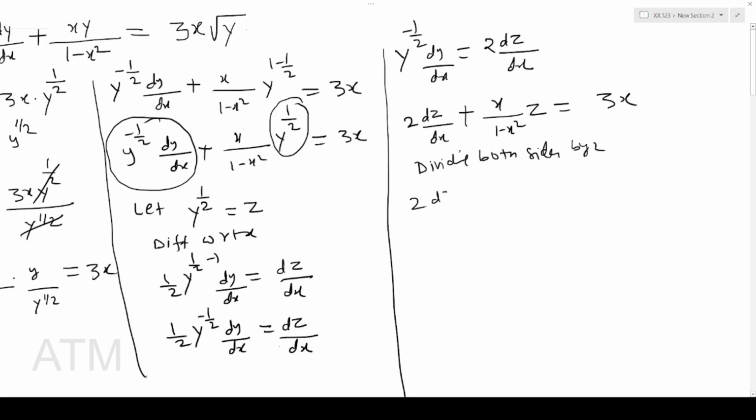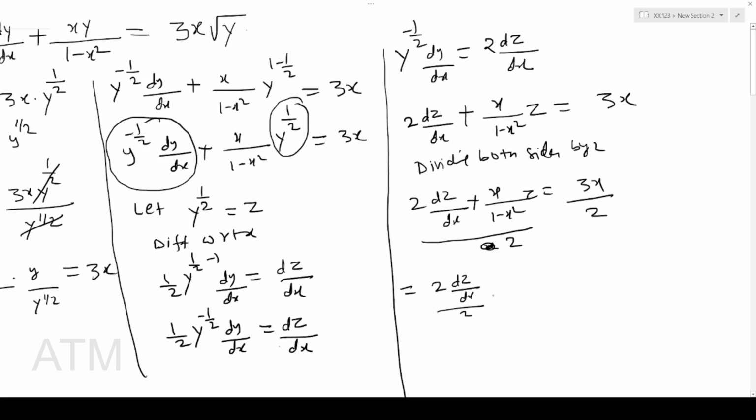I'm doing all the steps so that everybody must understand. But if you think that some steps are unwanted, then you can directly go for it. But it is my job to do all the steps to make everybody understand. So x upon 1 minus x square, and 2 will come here, z equals 3 upon 2. 2 gets cancelled.